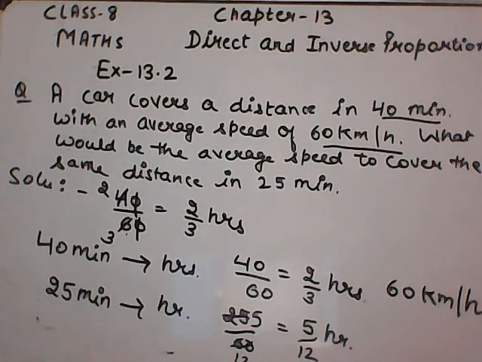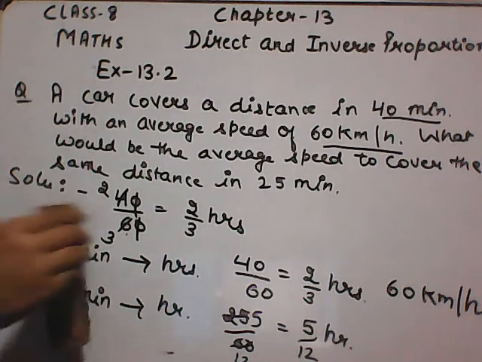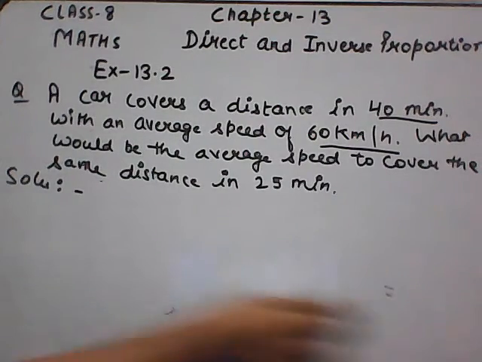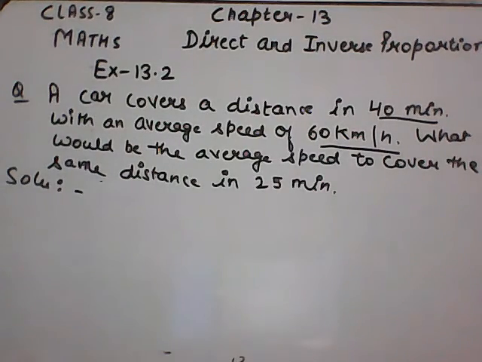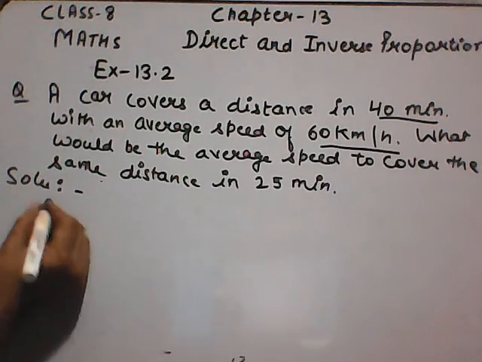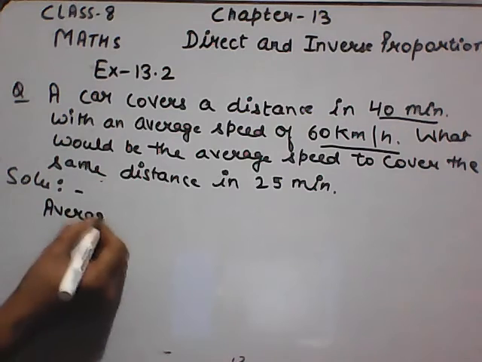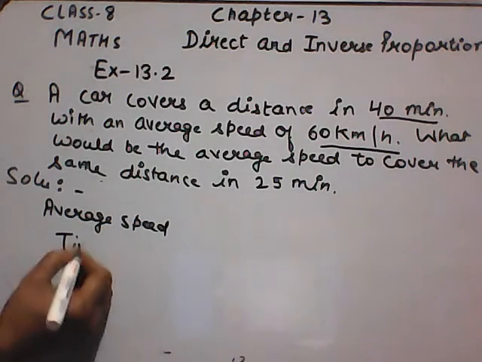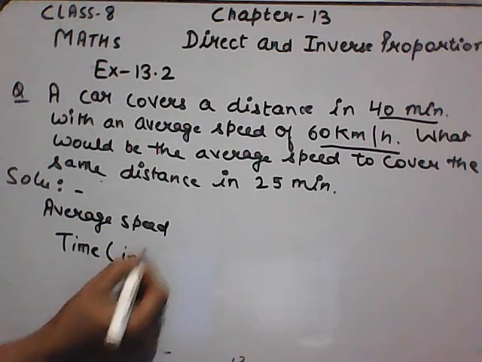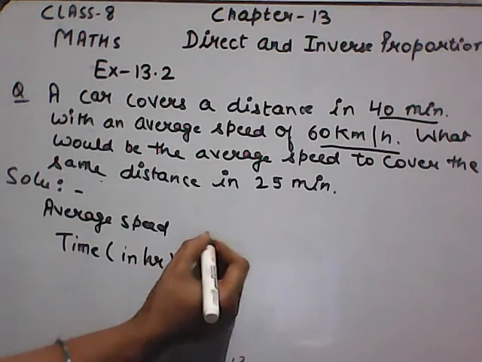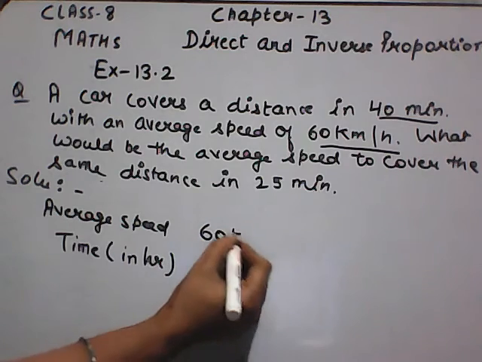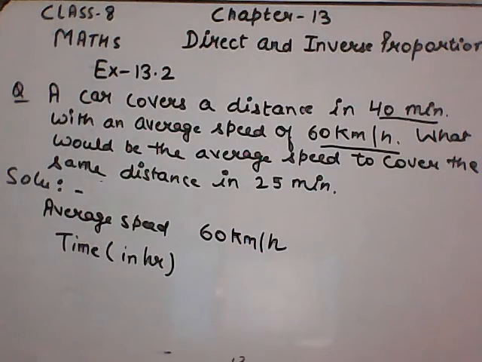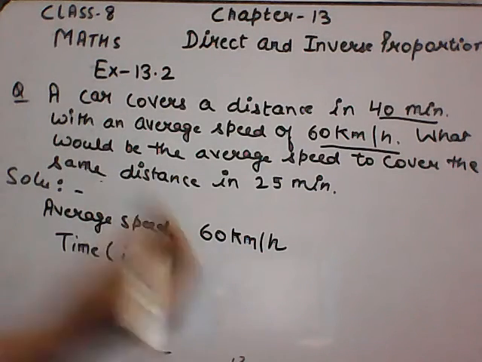Here, average speed is given to you and time is given to you in terms of hours. At an average speed of 60 km per hour, the car covers a distance in 40 minutes.